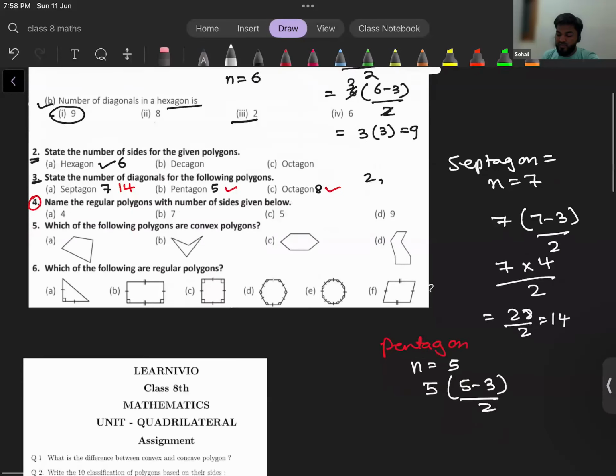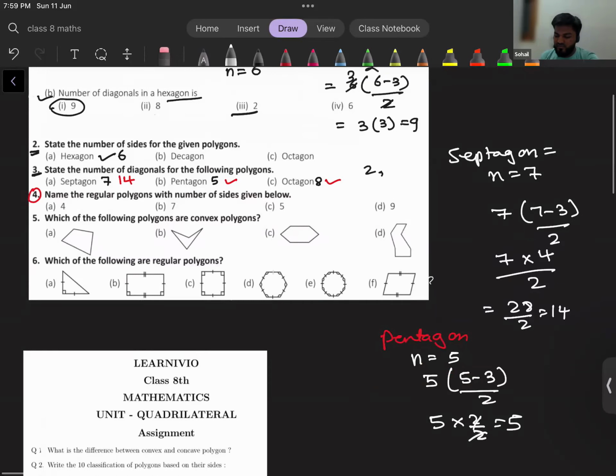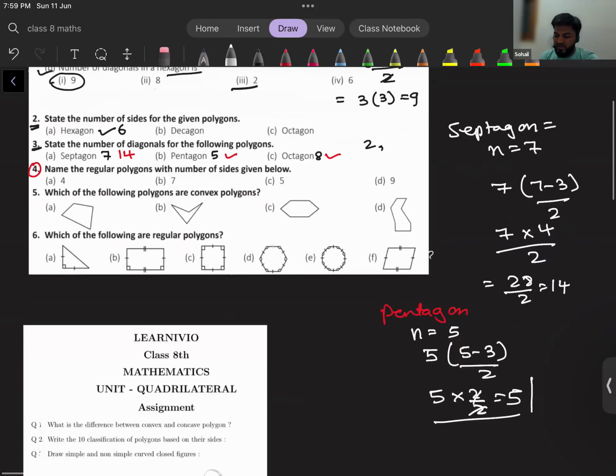It is basically 5 multiplied by 2 upon 2, that is 5. So a pentagon has 5 diagonals. Arhan, that is correct. Ahmed, your answer of 11, is it for pentagon or something else? See how we solve this. A pentagon has 5 diagonals. By calculation, we got 5.